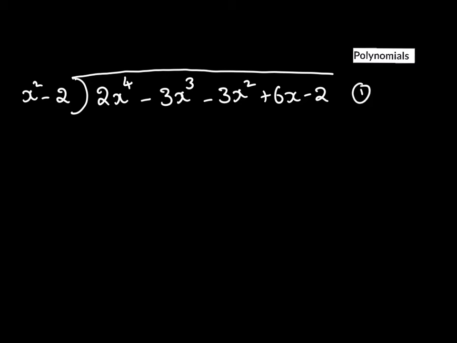So let's begin the process of division. To find the first term of our quotient, we divide 2x to the power 4 by the highest degree term of the divisor, which is x squared. So we land up with 2x squared. So that will be the first term of our quotient. And carry on the division process. 2x squared times x squared is 2x to the power 4. Negative 2 times 2x squared is negative 4x squared.